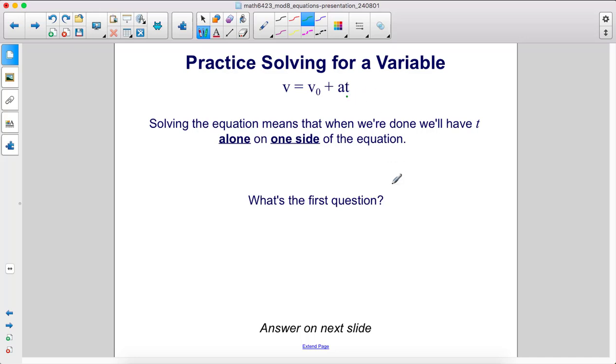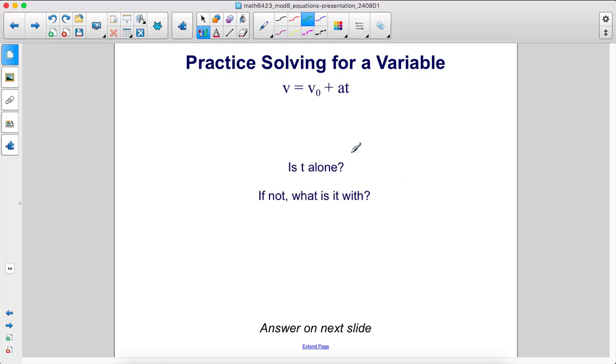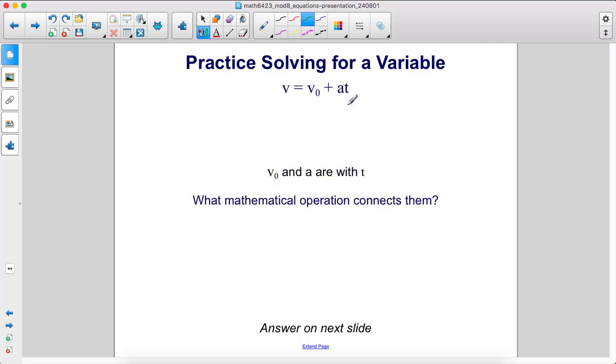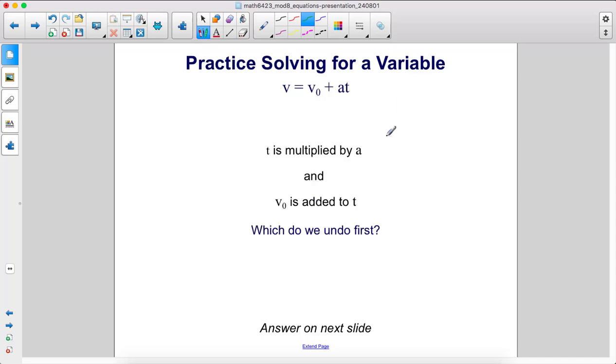So, what's the first question? Is t alone? If not, what's currently with it? Right now, t is with v naught and a. What mathematical operations connect them? Right now, t is being multiplied by a and is being added to v naught. So which of those should we undo first?